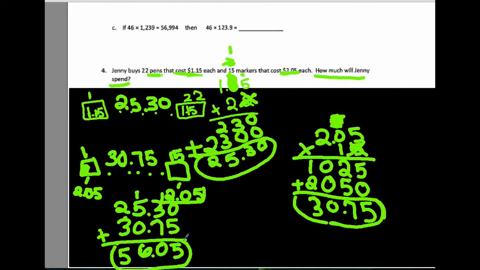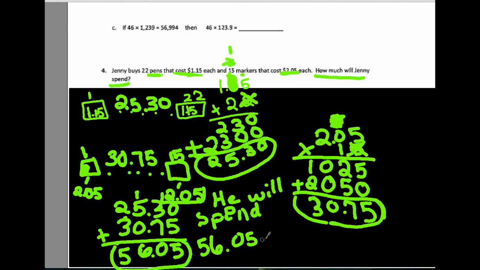Because this could be a real life problem, you can write a sentence for it. I put, he will spend $56.05 at the store.